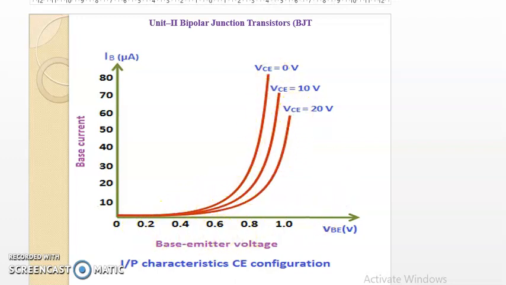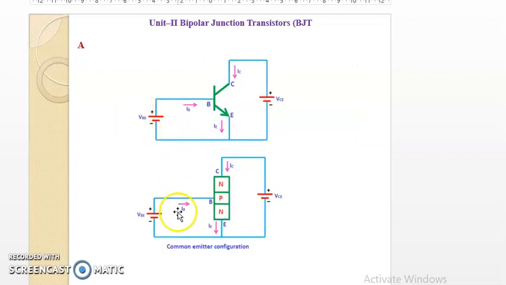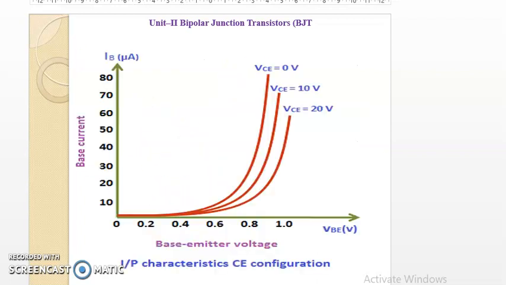What is the exact nature of the graph? What do we study from this graph? Now we shall discuss. Now this point is clear. For each input level of voltage VBE, the corresponding IB is to be noted or recorded by varying these knobs. Once more, observe carefully.